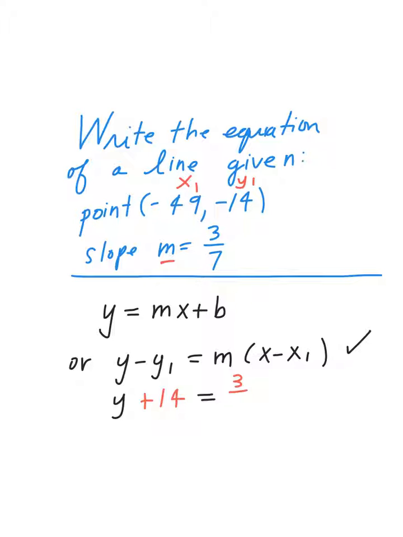And leave the x alone, and here, if you notice, it's minus 49. So here it's minus a negative 49, so then we're going to make that plus 49. And close parentheses. Okay? Next, we're just going to work through the problem.